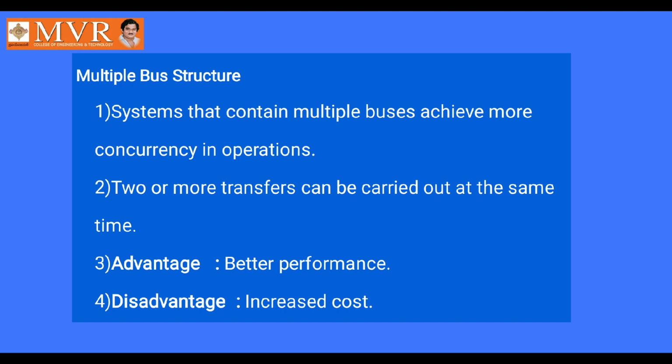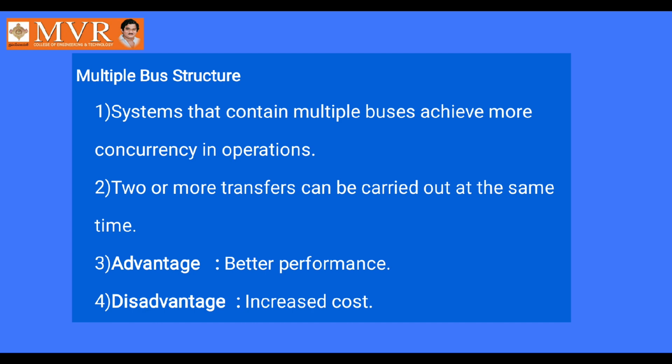Multiple bus structure definitely has an advantage over single bus structure: its performance is better. A number of components will be communicating with each other with the help of multiple buses. In the single bus structure, only one transfer happens at a time, whereas in multiple bus structures, two or more transfers can be carried out at the same time.